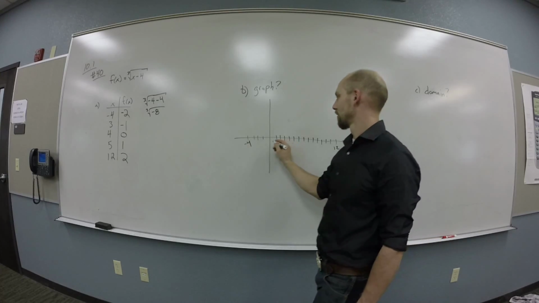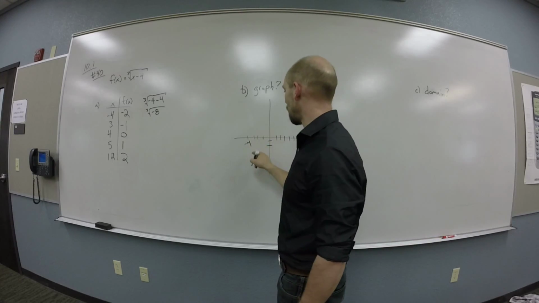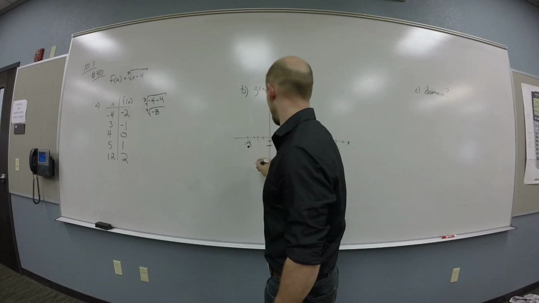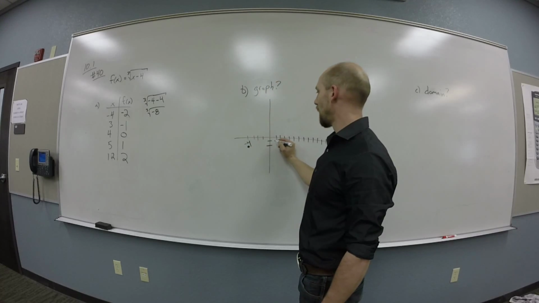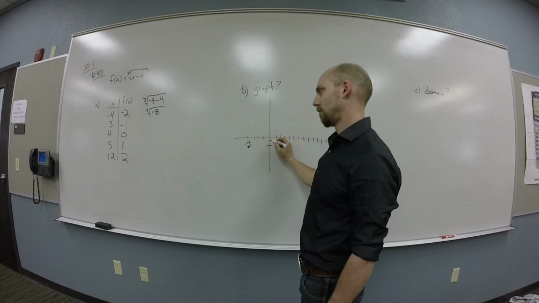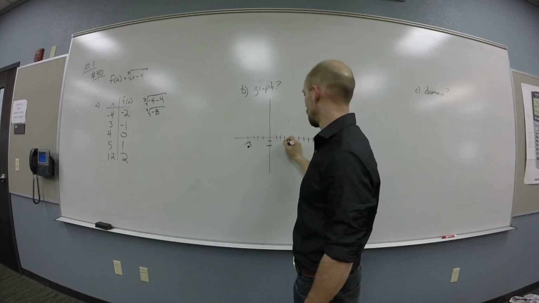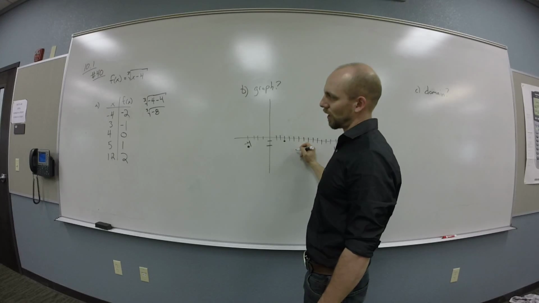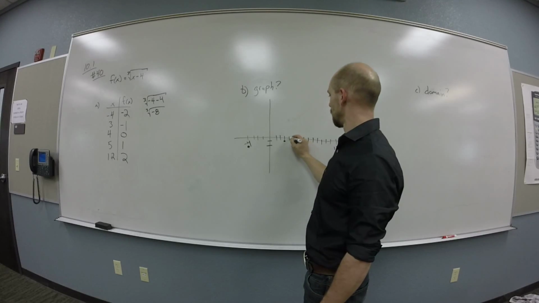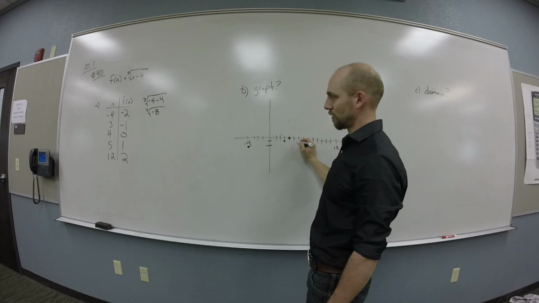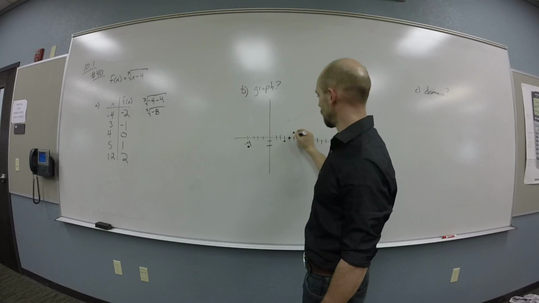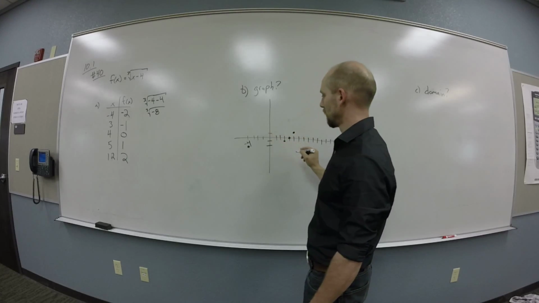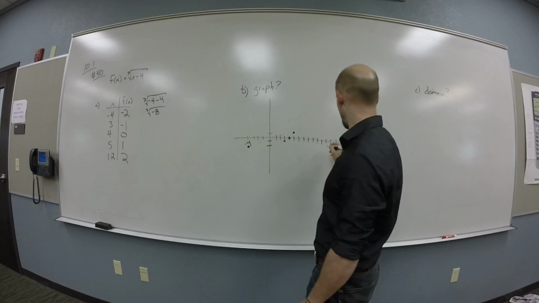Negative 4, negative 2. Okay, so I need to go left 4, down 2. Then I need to go left 3, down 1. Then what else? 4, 0. 5, 1. And 12, 2.